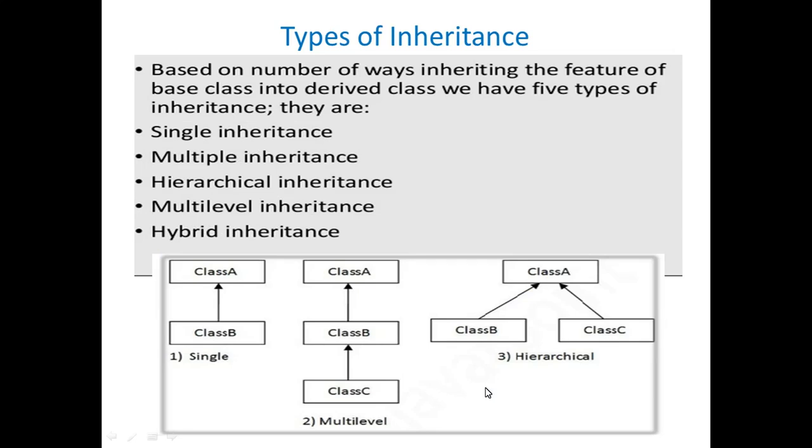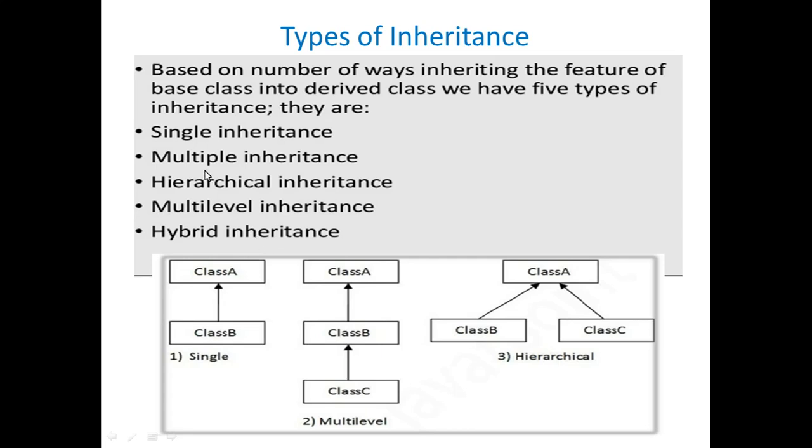So types of inheritance. Based on the number of ways of inheriting the features of a base class into a derived class, there are mainly 5 types of inheritance. First is single inheritance. Second is multiple, then hierarchical, multi-level, and hybrid.